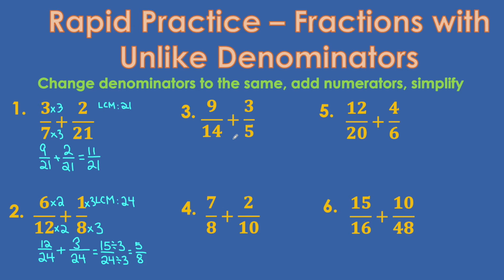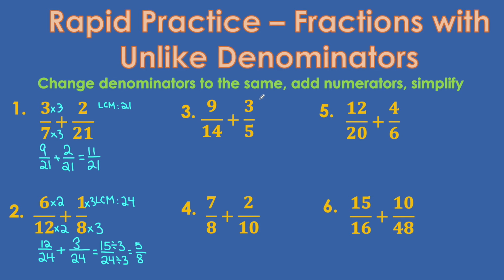Can't do that. They don't have that in common. Next multiple after 28 would be 52. 52 does not work either. 5 doesn't go into 52. How about 70? 70 is the next multiple. Yes, 70 works. 5 does go into 70.